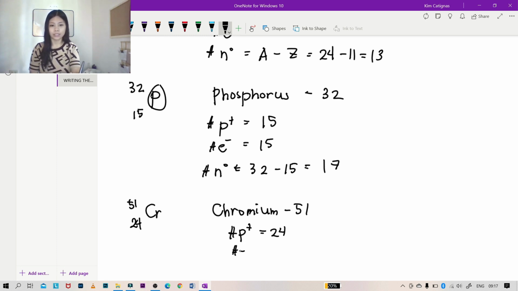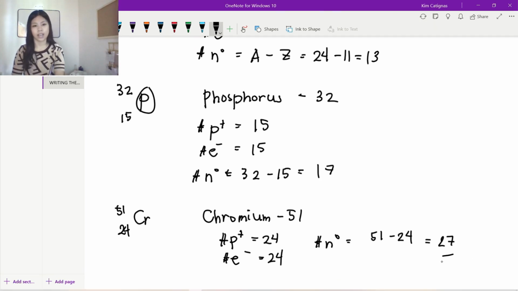Number ng electrons ay 24 din. And yung number ng kanyang neutrons ay 51 minus 24, so 27 siya. Okay? So, ganun na po kadali maghanap ng isotopic symbol or magawa ng isotopic symbol, and also to identify the isotope name.